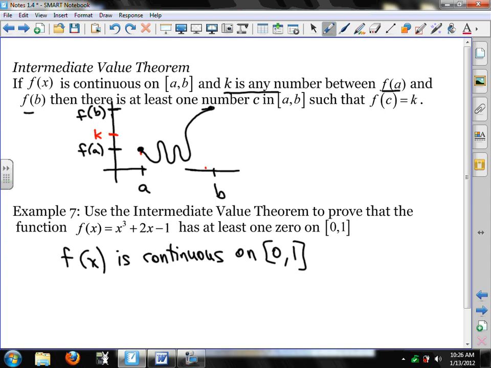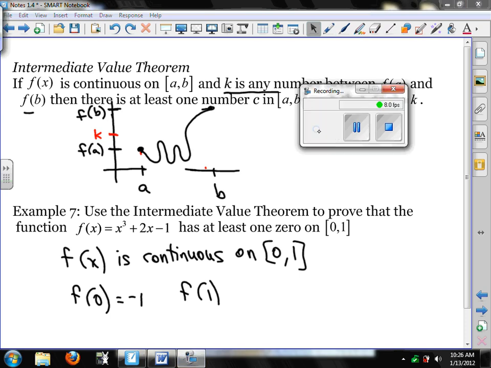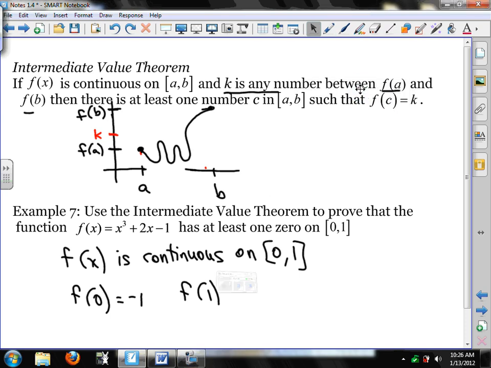Make sure we find f of 0. So plug in 0 for x. 0 plus 0 minus 1 gives us negative 1. And we need f of 1. 1 plus 2, 1 plus 2 is 3, minus 1 gives us 2.